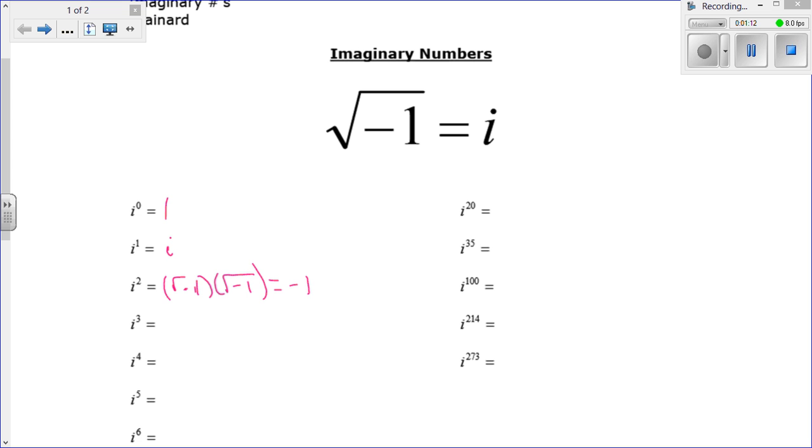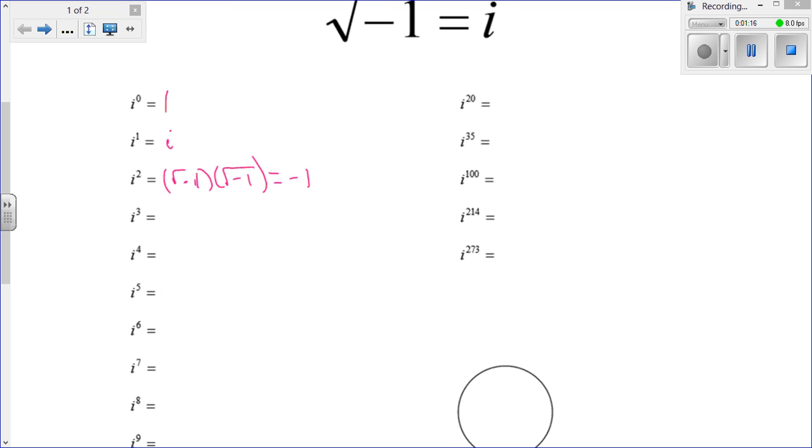Because when we multiply two radicals together, they end up being the number that was underneath the radical. i to the third is like i to the first times i to the second. Because when I multiply, I add exponents, so 1 plus 2 is 3. i to the first is i. i to the second is -1. So I have negative i.